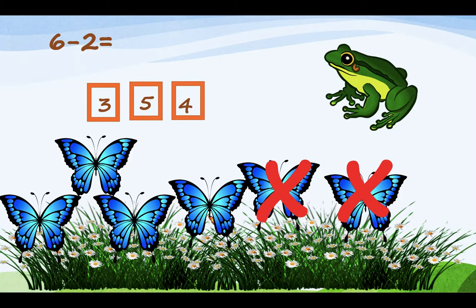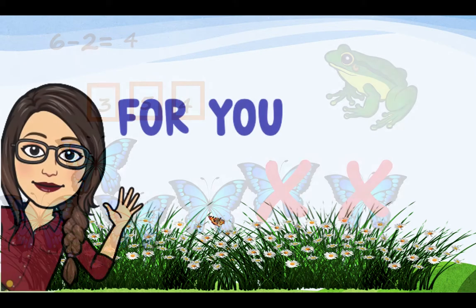To find out how many left out, you can count the butterflies which are left out. 1, 2, 3, 4. So, the answer is? Well done. Answer is 4. Excellent. Now let's move to another sum.